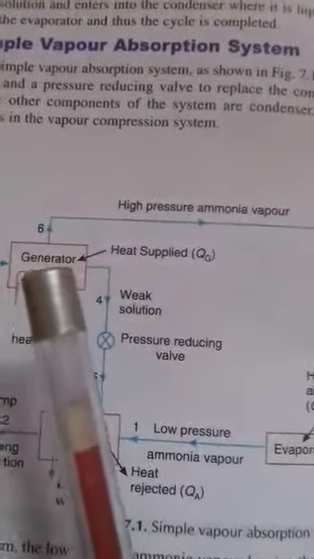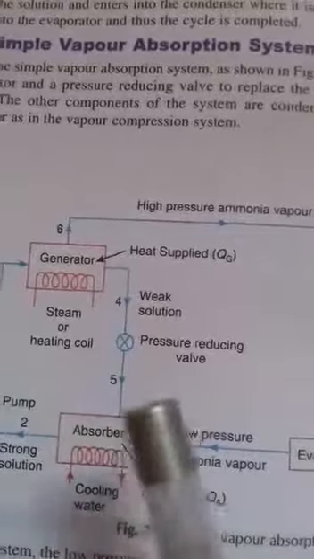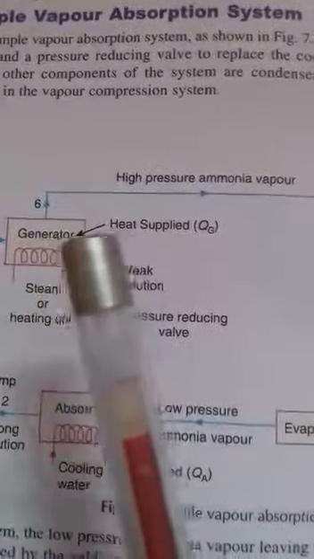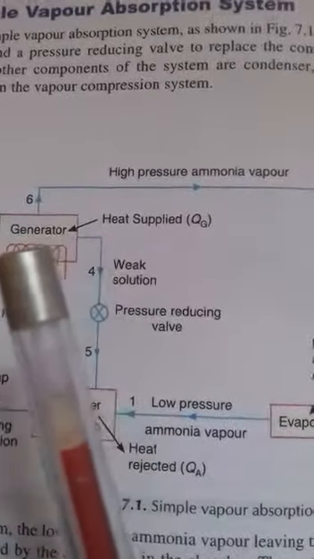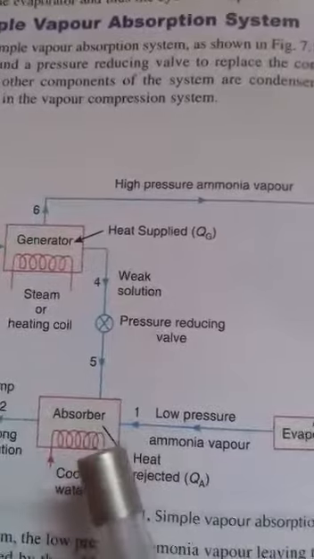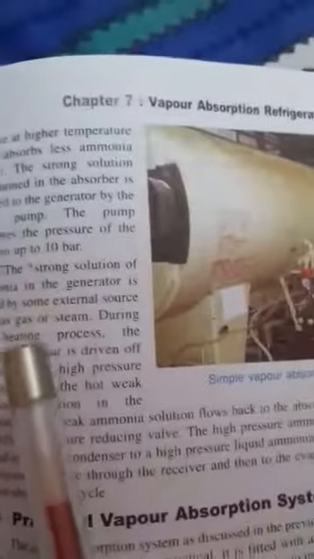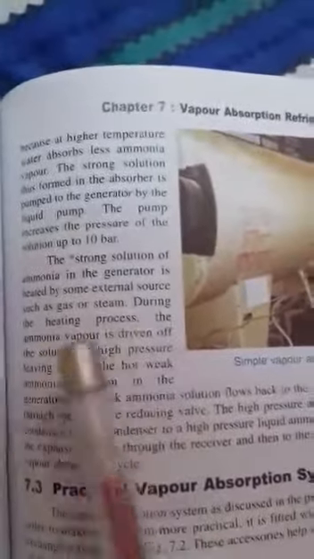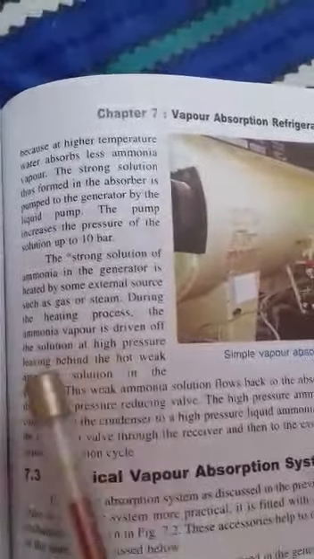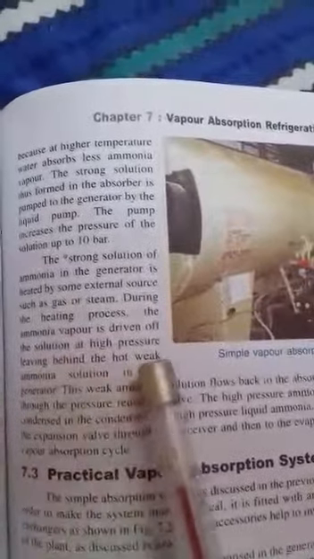Okay. The ammonia vapor is driven off the solution at high pressure, leaving behind the hot, weak ammonia solution in the generator. This weak ammonia solution flows back to the absorber at low pressure after passing through the pressure reducing valve.